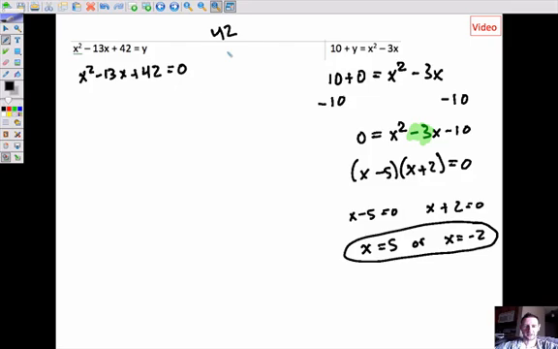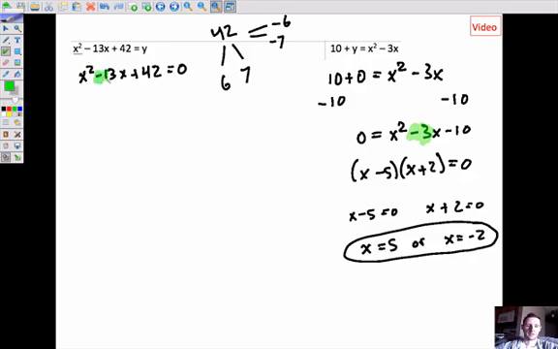We wrote them down earlier. We wrote down like 1 and 42, 2 and 21. Let's see, we had 4 and 13. What else? 6 and 7. We could also, since this is a positive number, have negative 6 and negative 7.